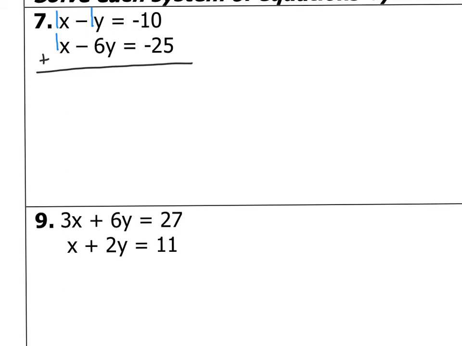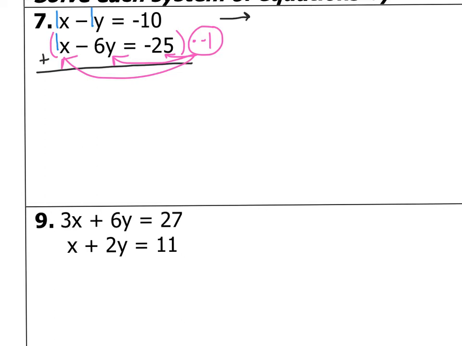It looks like the x's are going to be quite easy because they each already have 1. I just need to make one of those 1x's negative. I'm going to do that by multiplying the whole equation times negative 1. When I do that, I have to multiply each piece of the equation, all three parts, by negative 1.